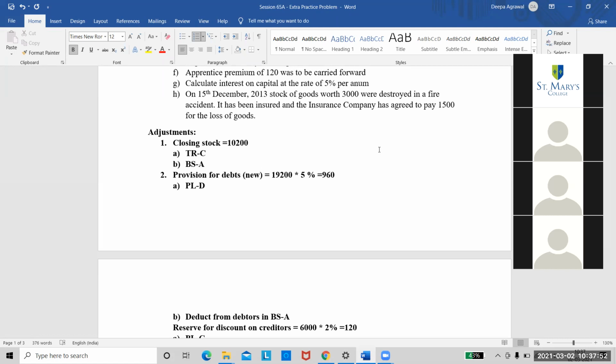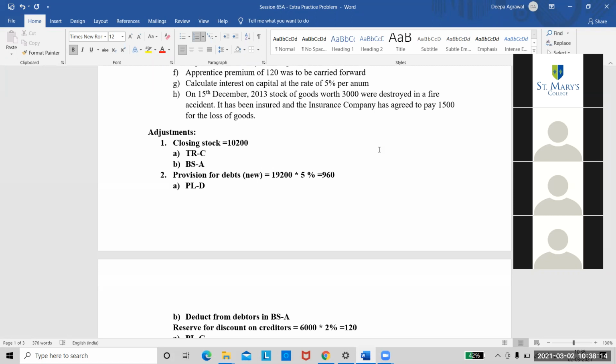So that means this insurance claim is something which is receivable. So where will we take anything that is receivable? Anything which is receivable is an asset. So the insurance claim will be on the balance sheet asset side. Correct.